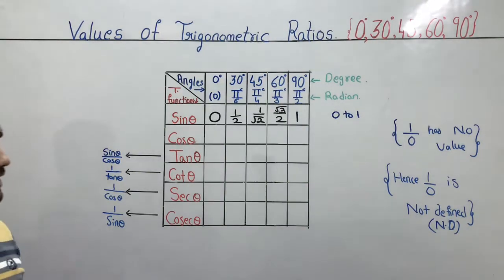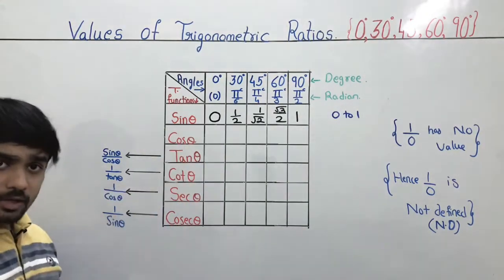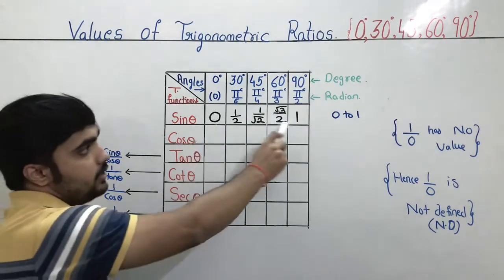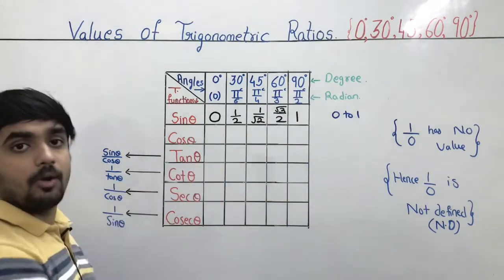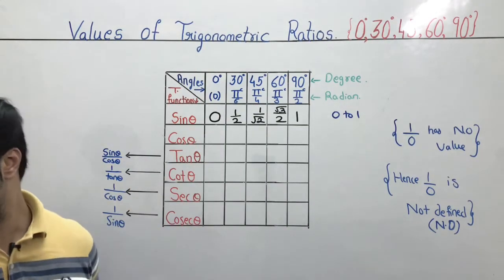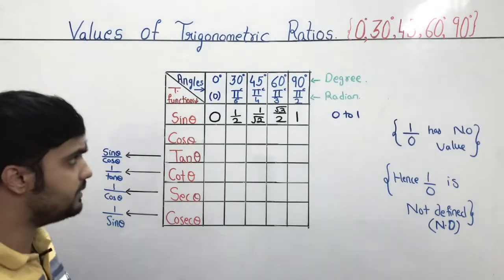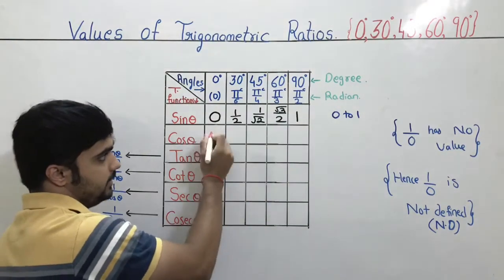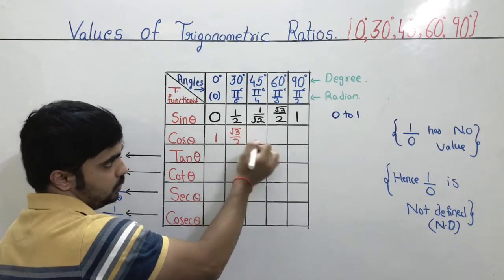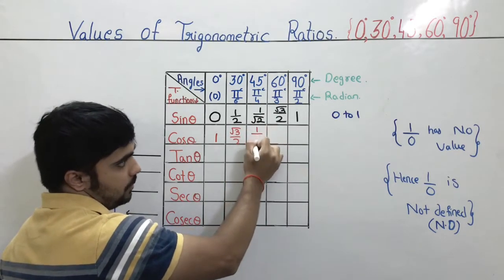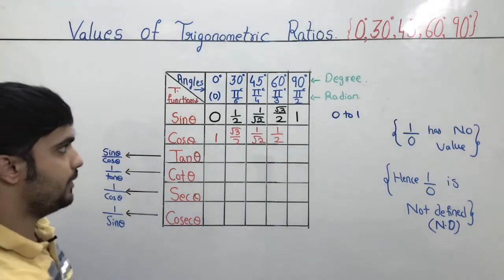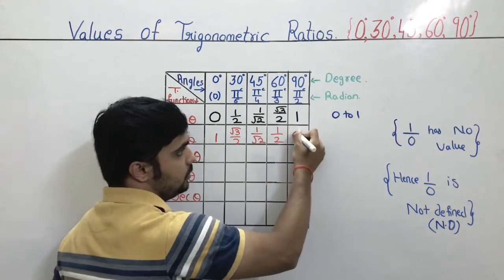Now our next trigonometric function is cos theta. If we write all these values of sin theta in the reverse direction, we get 1, then root 3 upon 2, then 1 upon root 2, then 1 upon 2 and then 0.